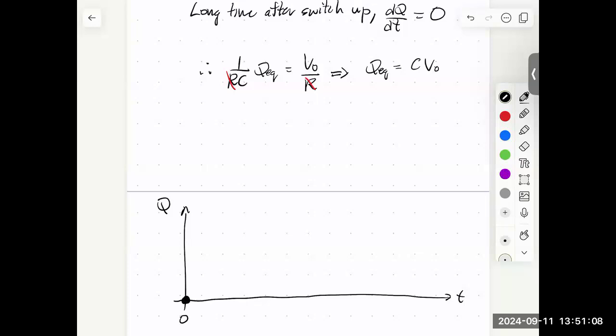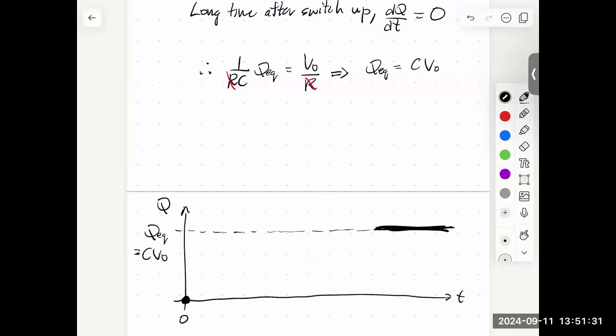And then a long time after the switch is closed, when we have no current in our circuit, we reach some Q equilibrium. And that is going to be sitting right here. And so what we're interested in is how do we connect these 2 points?